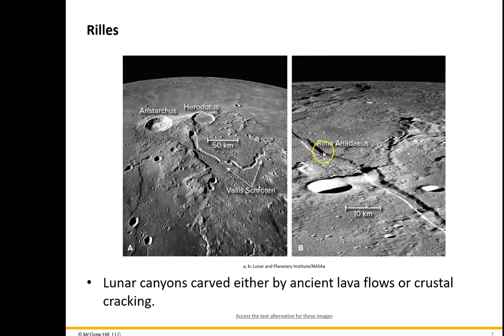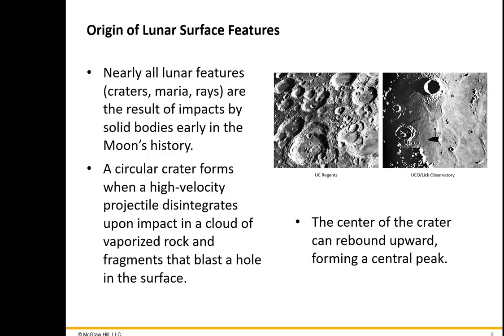All right, so here's another one over here. We don't see a lot of these happening now. These tend to be very old features on the moon that have been there almost since the moon has been around. The moon formed shortly after the Earth's formation, just to let you know.